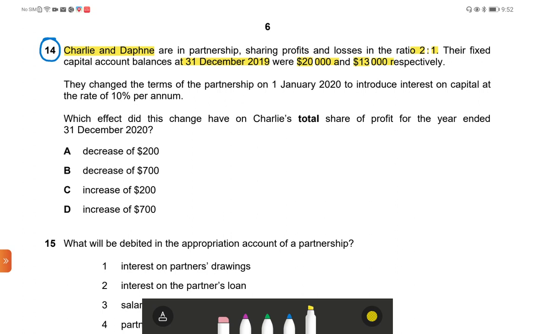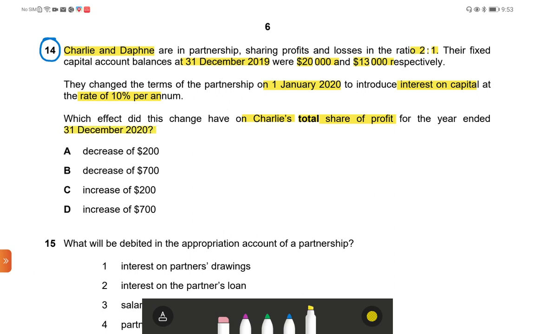They changed the terms of partnership on 1st January 2020 to introduce interest on capital at the rate of 10%. As per the changes of partnership business, they decided to charge interest on capital. Which effect did this change have on Charlie's total share of profit for the year ended 31st December?